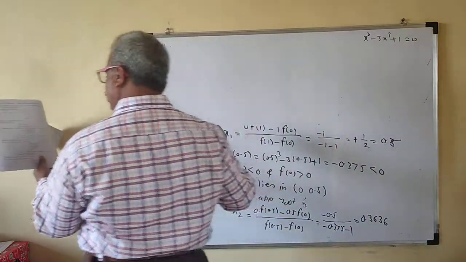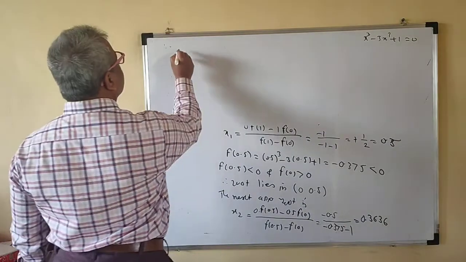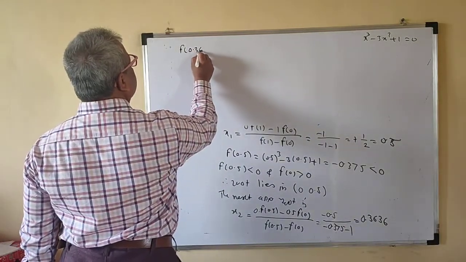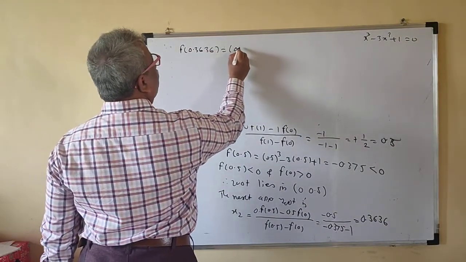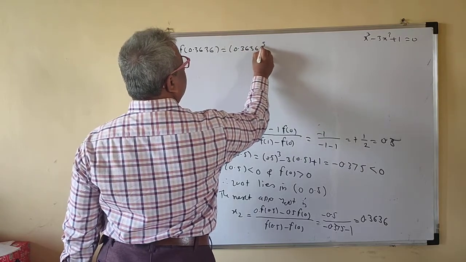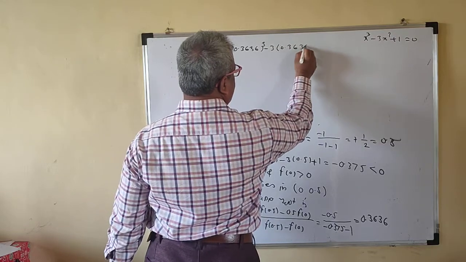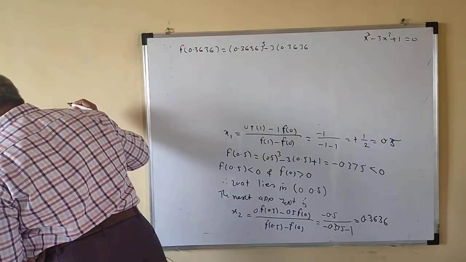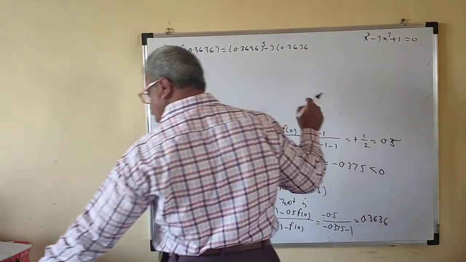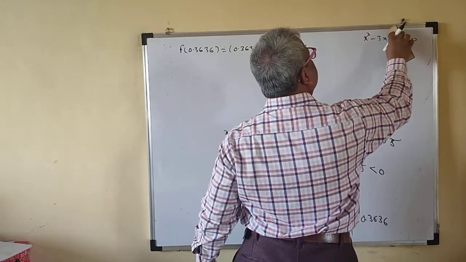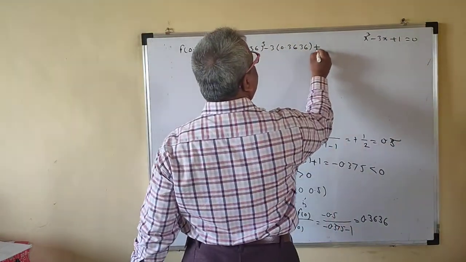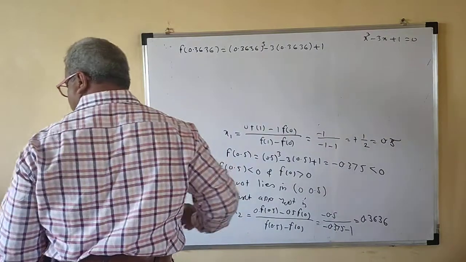Now we find f of 0.3636. This is 0.3636 cube minus 3 into 0.3636 square plus 1. You have to find the value of this one.